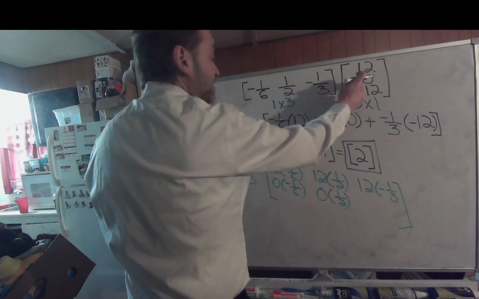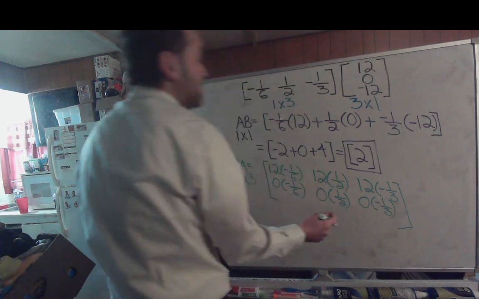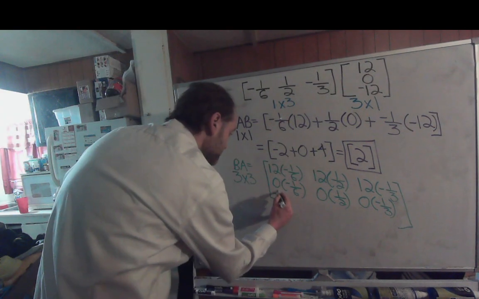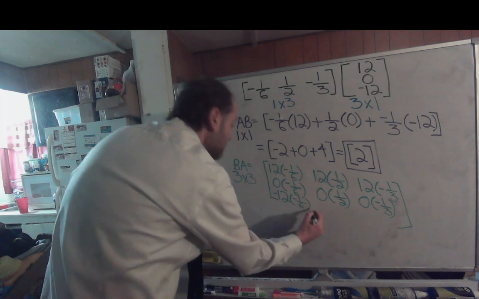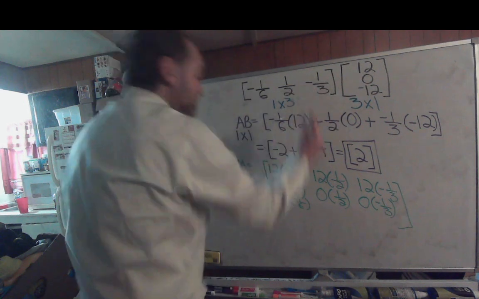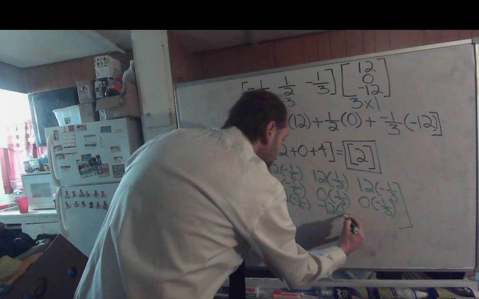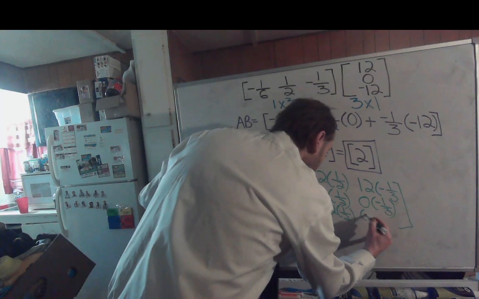And then separately, you'll have 0 times negative 1/3. And then lastly, you'll have negative 12 times negative 1/6. And then you'll have negative 12 times 1/2.